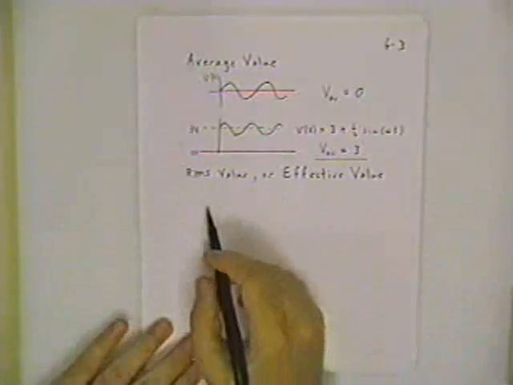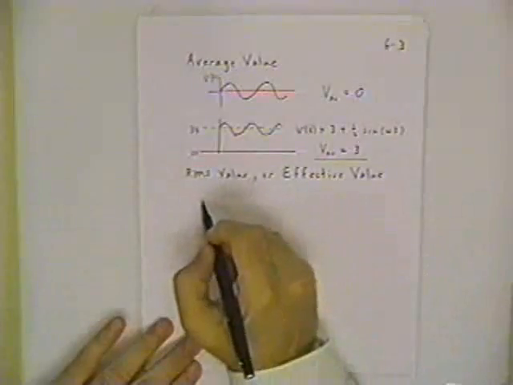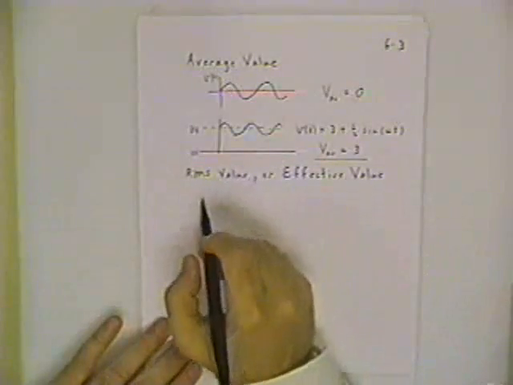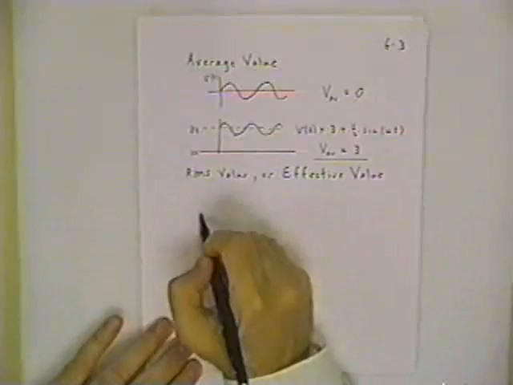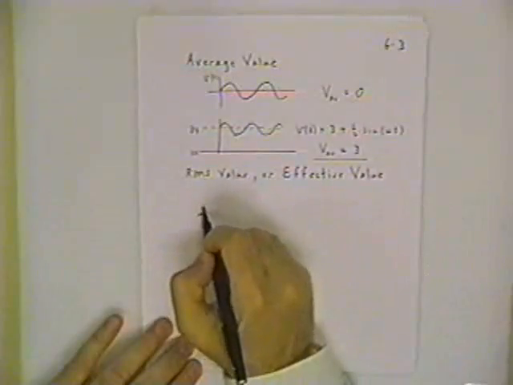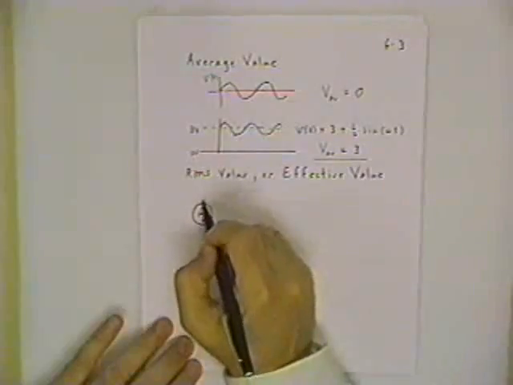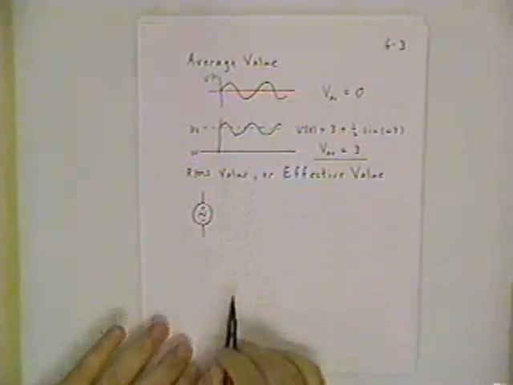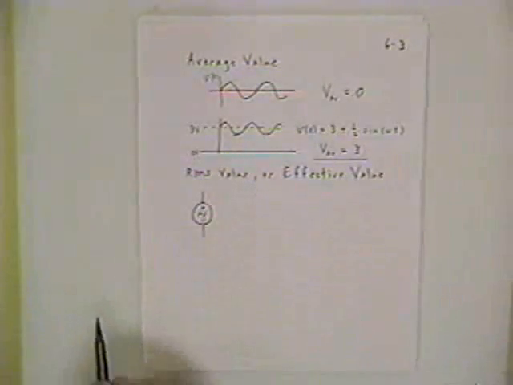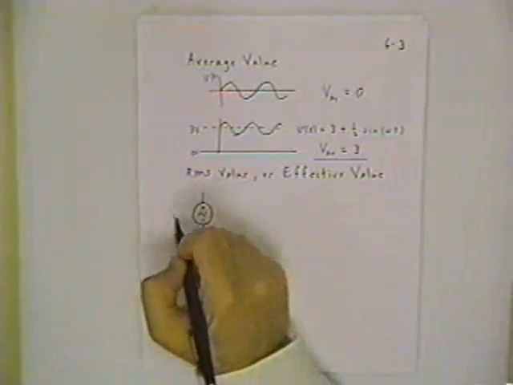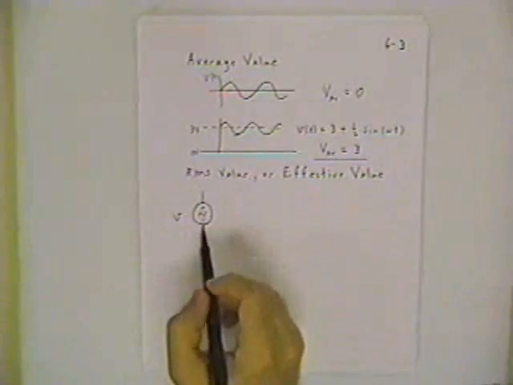Effective value, or RMS value, is a little bit different. One of the modifications to the voltage source symbol that you see in some books is you include a little AC sine wave symbol to say this is a voltage source, but it's oscillating sinusoidally.